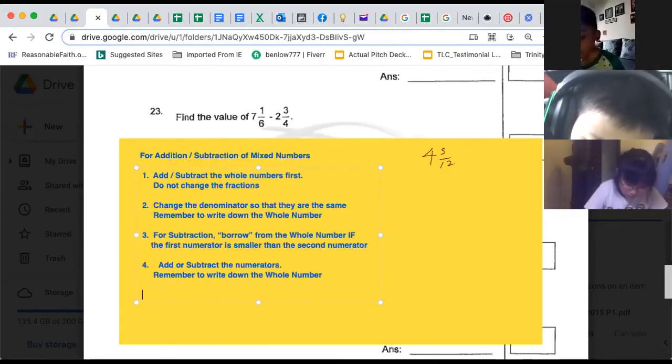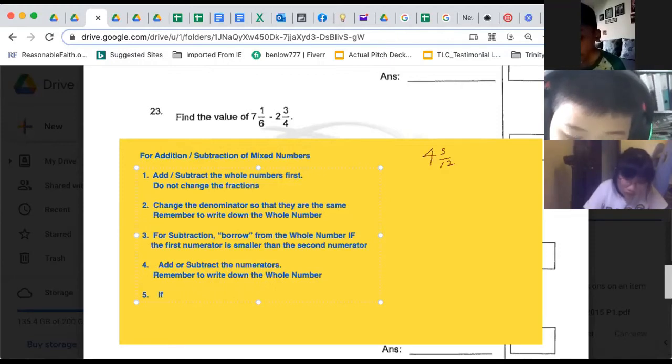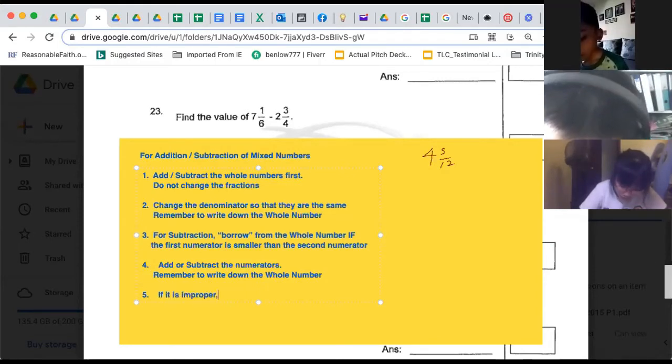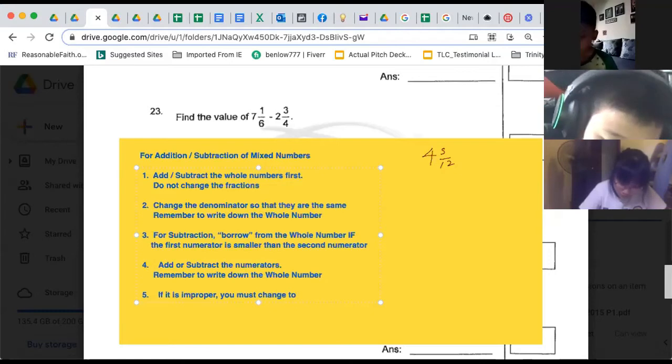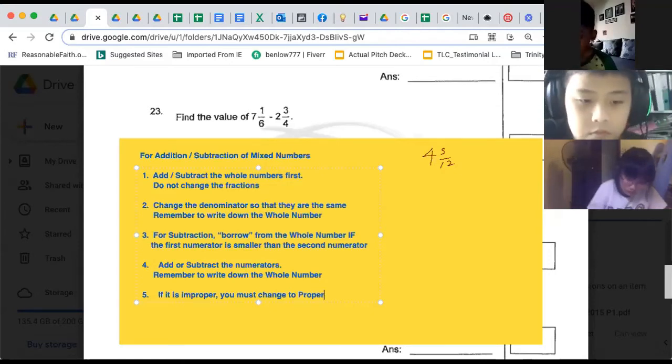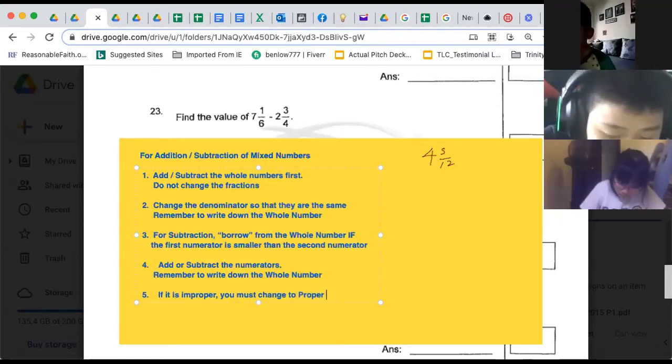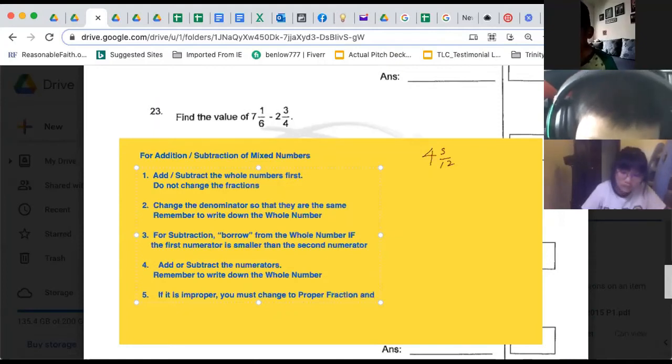Number 5. If it is improper, you must change to proper fraction and simplify.